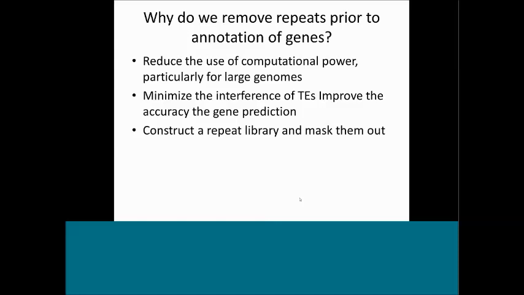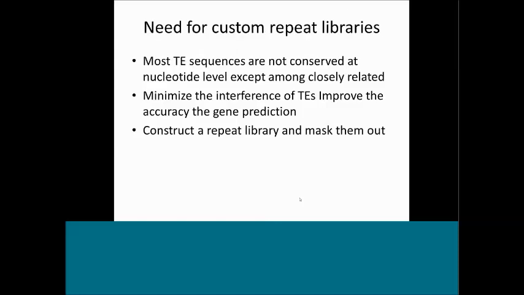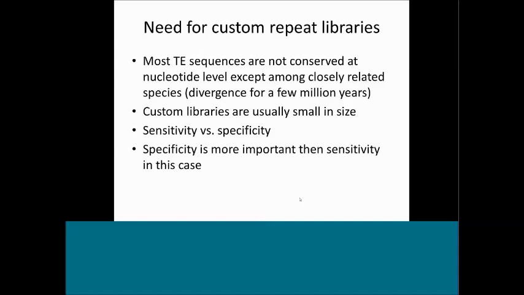So the best way, if you have a new genome, is to construct a repeat library for this genome and mask the transposons out. Maybe you will say, I don't want to bother constructing a custom repeat library. Can I just download transposon elements from RepeatModeler, then use this sequence to mask my genome? Yes, you can, if you have a closely related species.